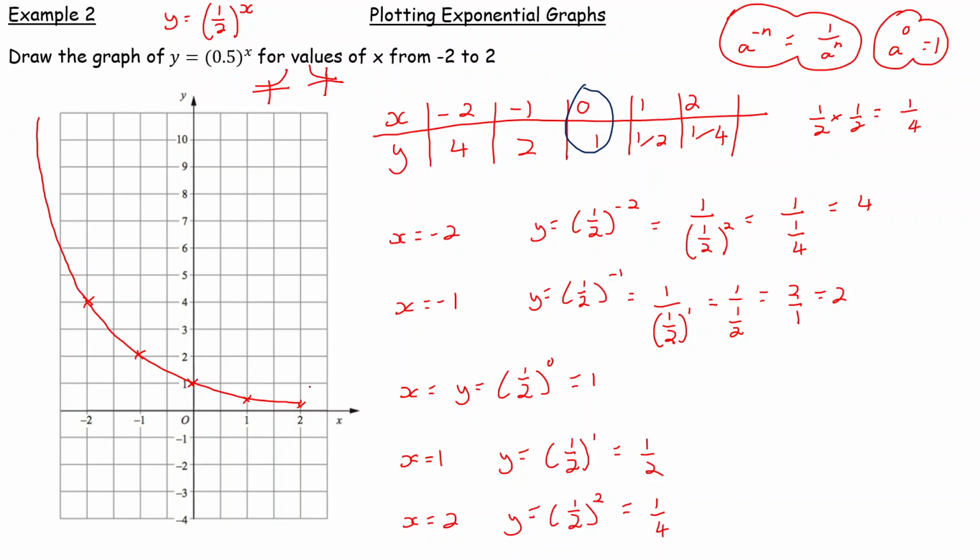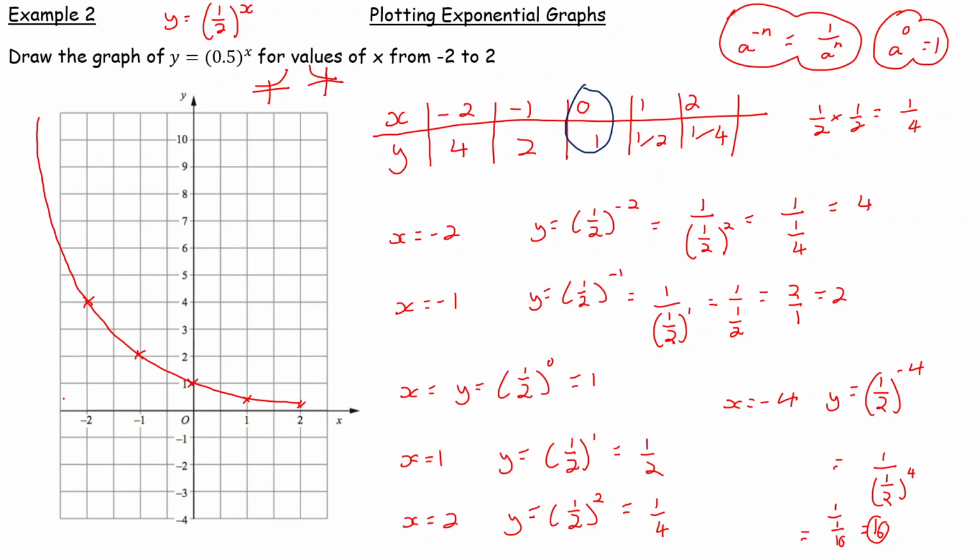For example, if x was equal to -4, y would be equal to a half to the power of -4, which would be 1 over a half to the power of 4, which would be equal to 1 over 1 over 16, flip it over, which is equal to 16. You get a big y value, basically. So when x gets really, really small, your y values get massive.